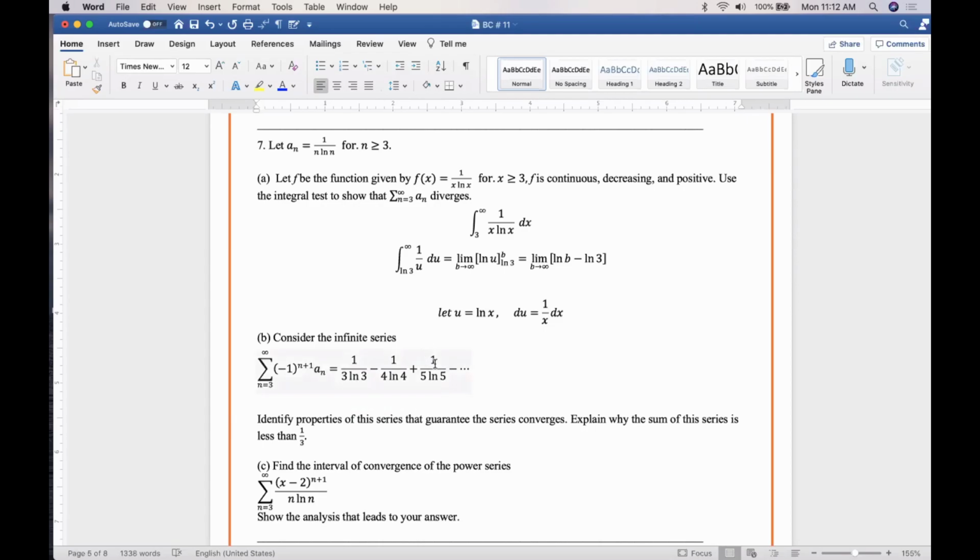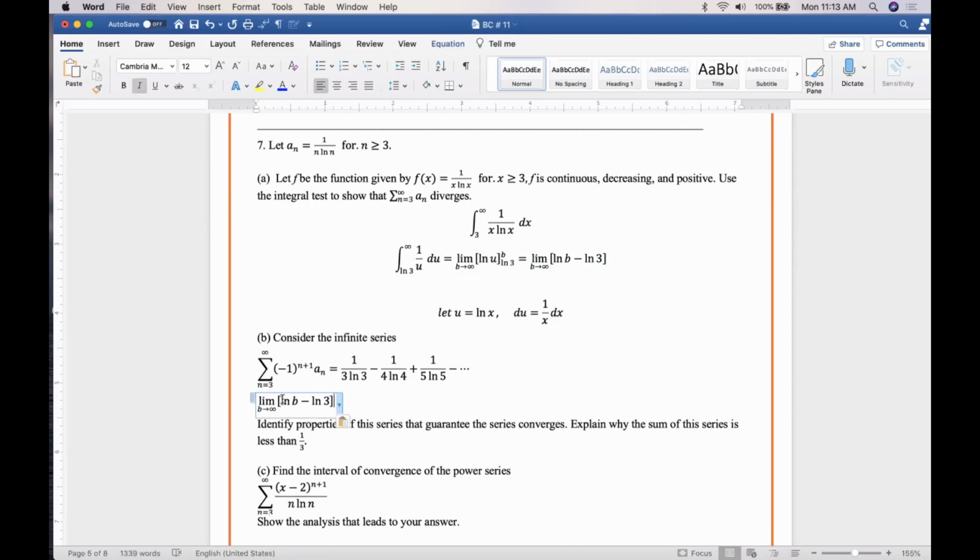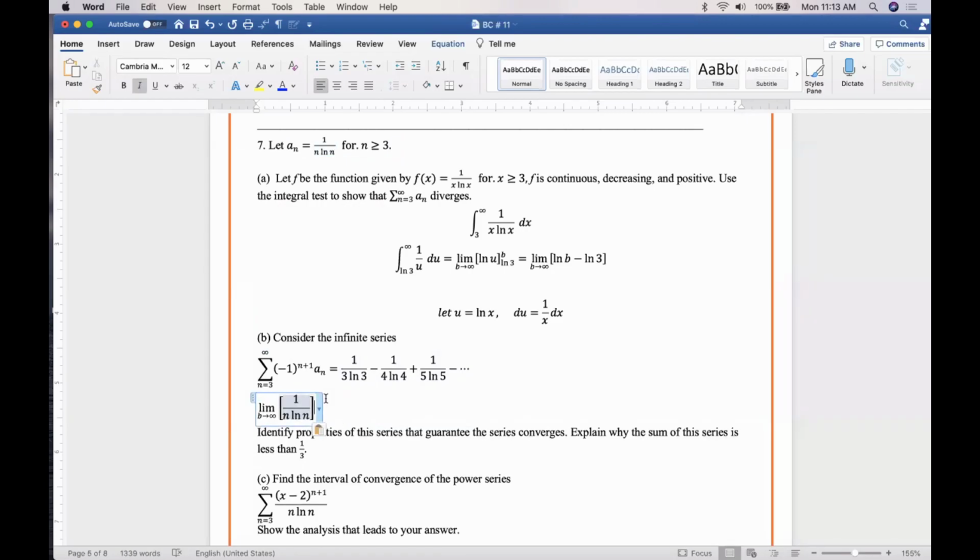Because the limit of the n term, limit of a sub n. Okay, let me do this. I'm copying this and pasting it. The limit as n approaches infinity of the term number n is how much?